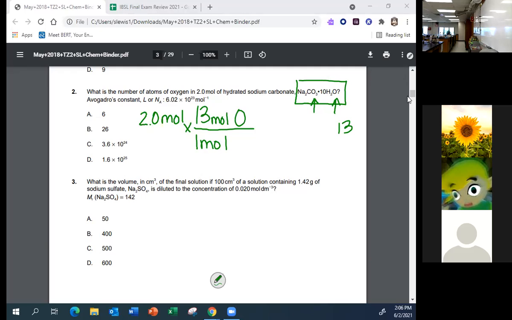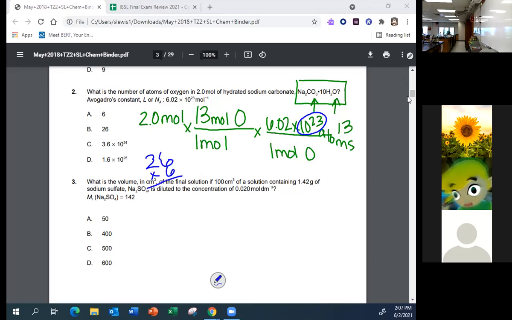Okay, and then finally we want to know, well, how many atoms is that? We don't want to know about moles of oxygen. 1 mole of oxygen is 6.02 times 10 to the 23rd atoms. So you're probably wondering how to do that without a calculator. You ignore this piece. So 2 times 13 is 26 times 6.